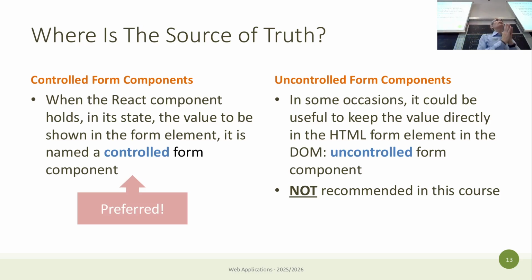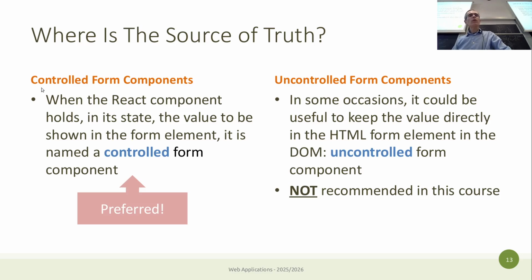So, at this point, we have two states. And that's always a problem, because we don't know where is the so-called source of truth. So, where is the correct value for the content of the form field or the form control.